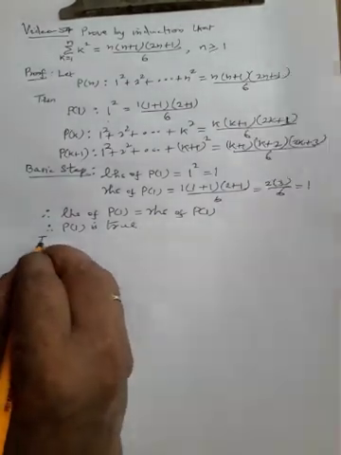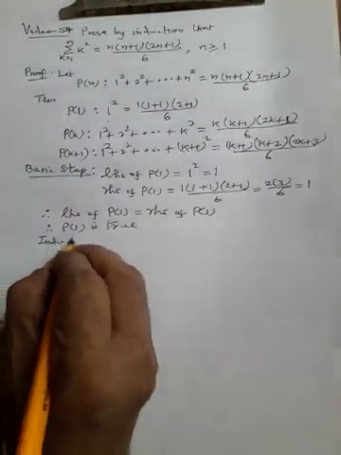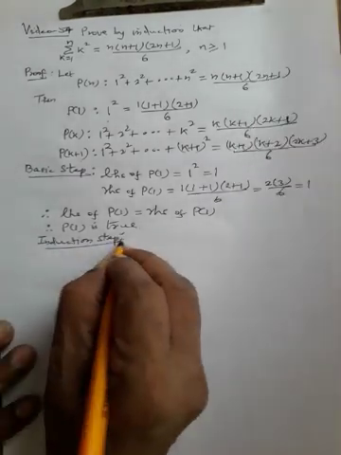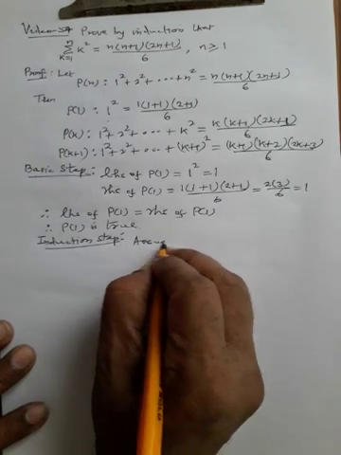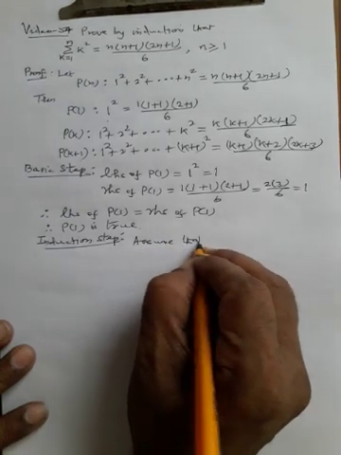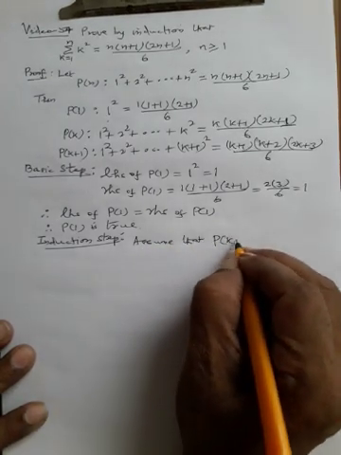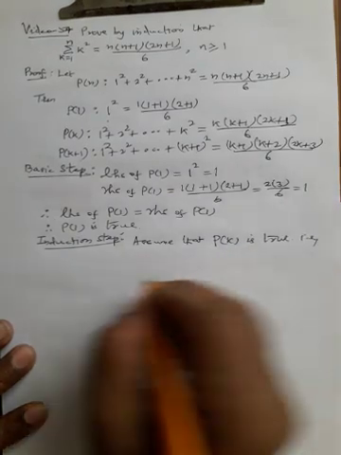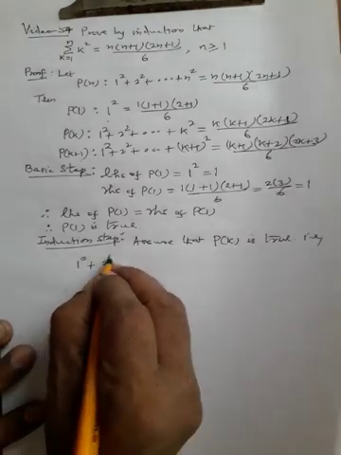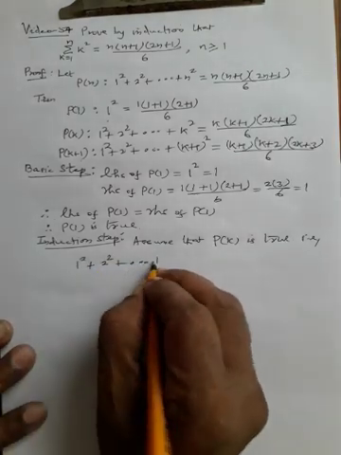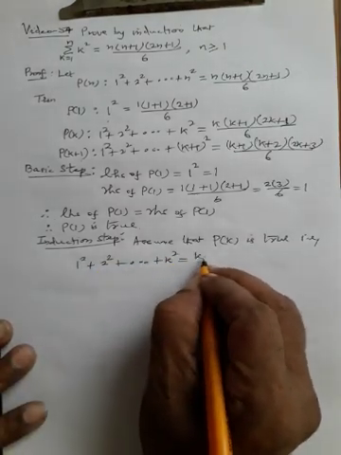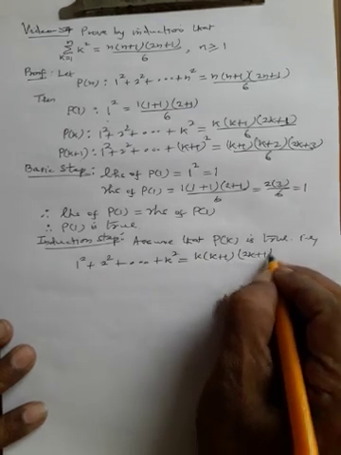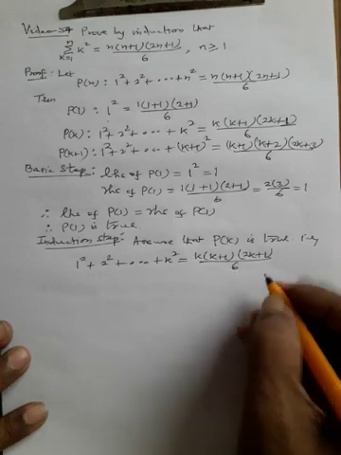Now we have to go to the induction step. Assume that P of k is true. That is, 1 squared plus 2 squared plus ... up to k squared is equal to k into (k plus 1) into (2k plus 1) by 6.